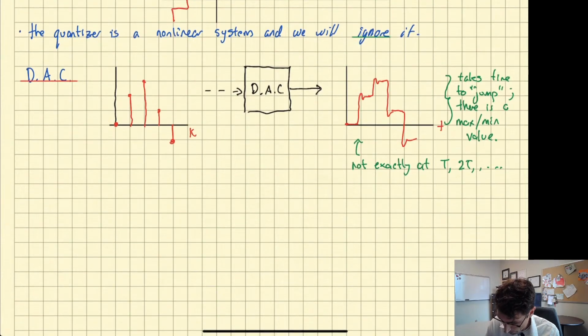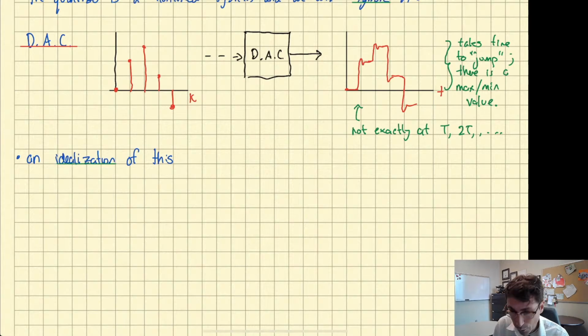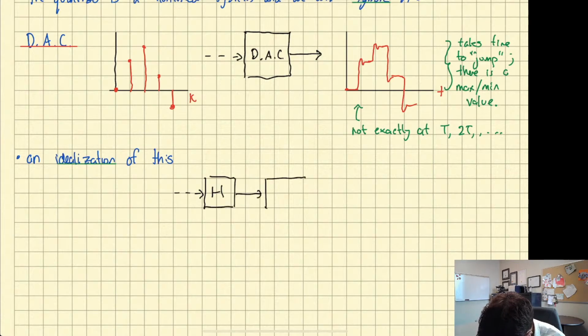But let's see. So again, an idealization would be the following. And again, I'll explain what these blocks are.